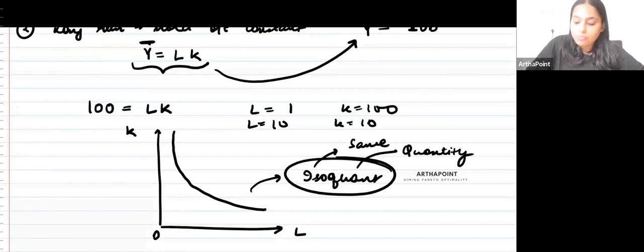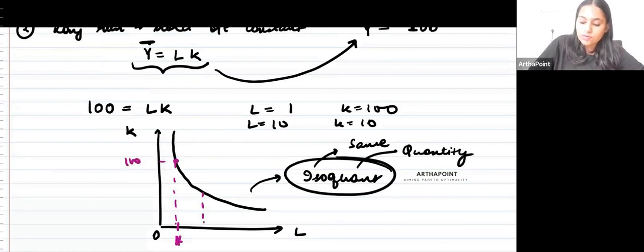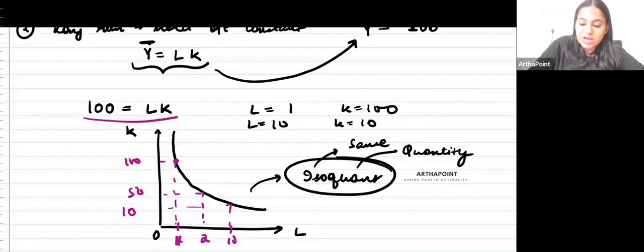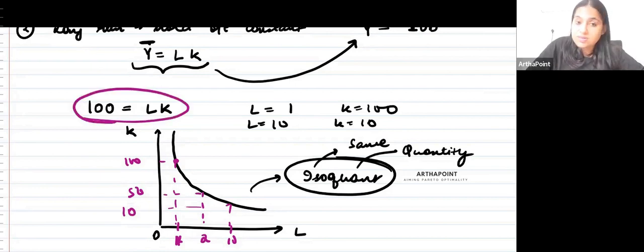Different points of labor and capital give me the same level of output: 100, 2, 50, 10, 10, and so on. All of these combinations give me 100 as output. This is an isoquant.